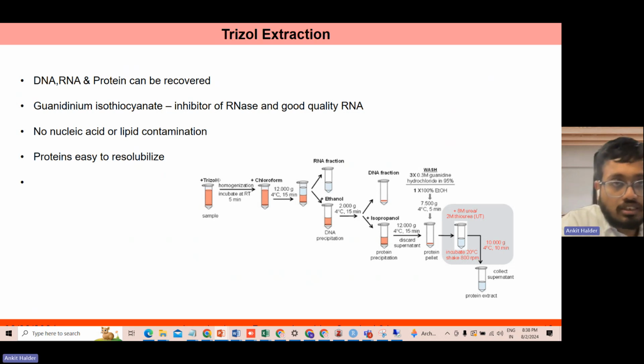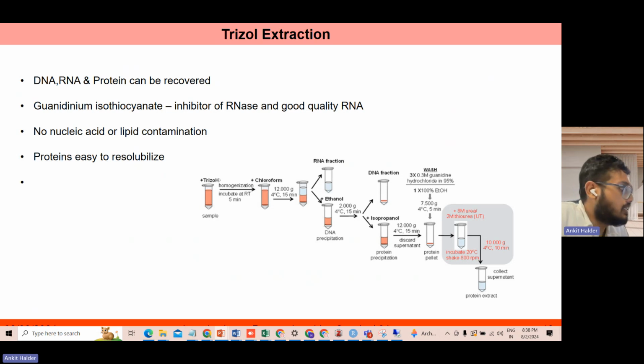Among these, the extraction that is quite relevant and helpful to get good quality protein, RNA, and DNA, all three in one go, is the TRIzol extraction.